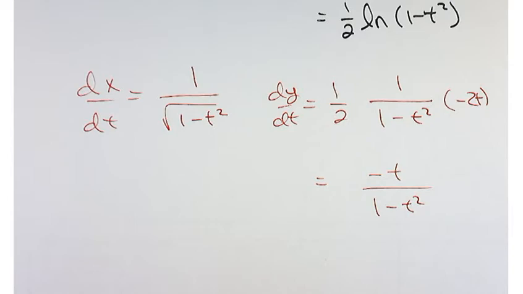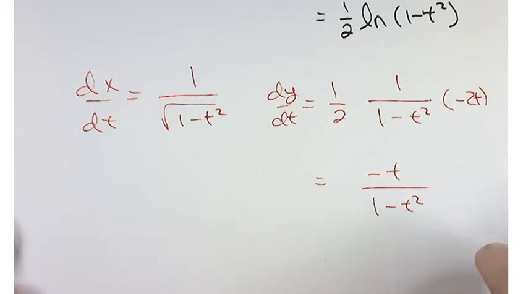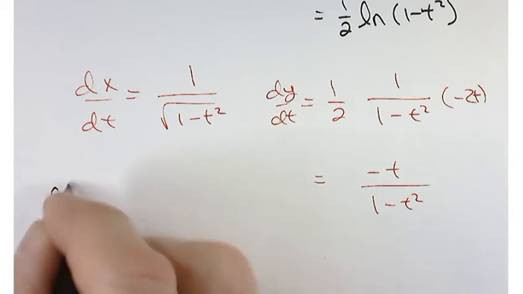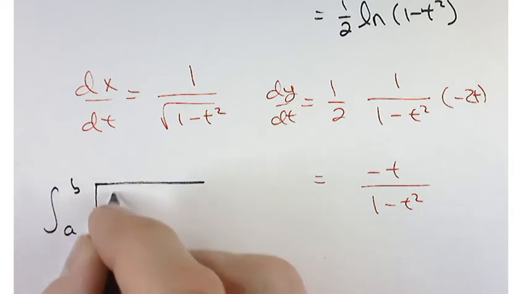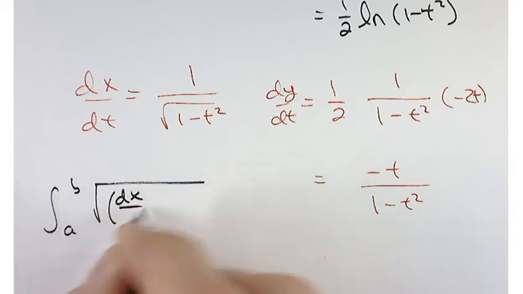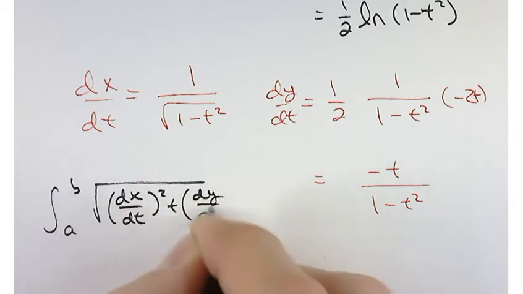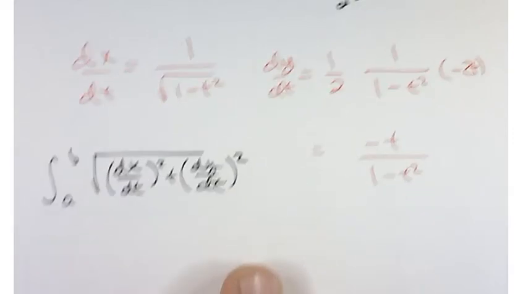Okay. Not so bad. Let's see about calculating with these things. So I need to calculate the integral of a to b of the square root of dx by dt squared plus dy by dt squared, like that.